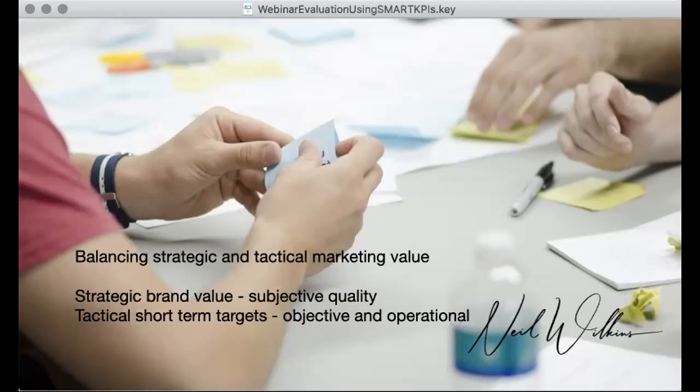Smart KPIs, in the way that I'm defining them here, can be used to balance strategic and tactical marketing value. So strategic value at a branding level, a higher level, a level that's going to give you value in the medium to longer term. That's what we mean by strategic. But also then at a tactical marketing level.